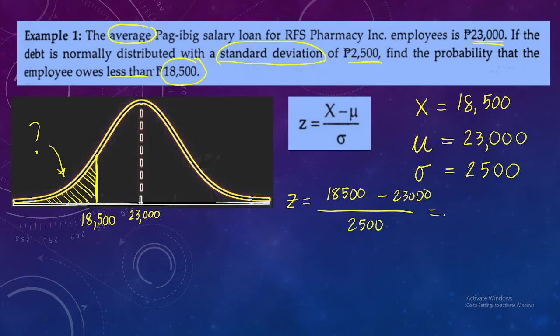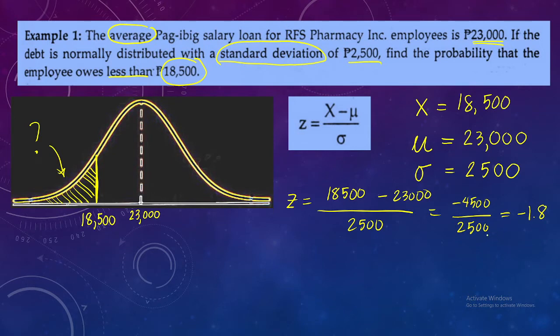So 18,500 minus 23,000, that's negative 4,500 divided by 2,500. You will be getting negative 1.8 there. So the Z here is negative 1.8.